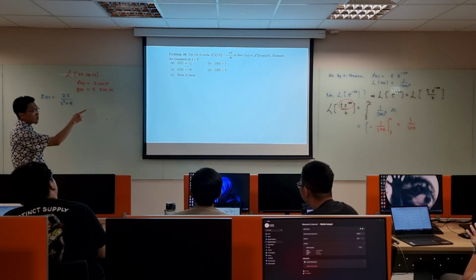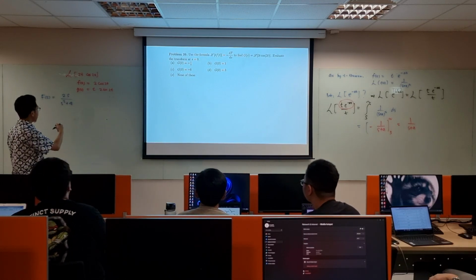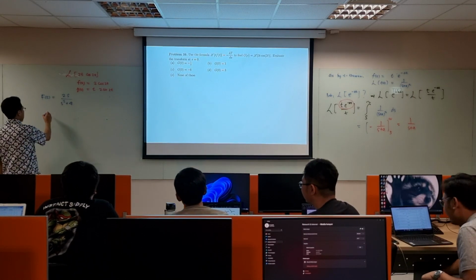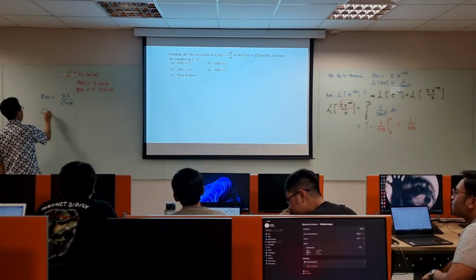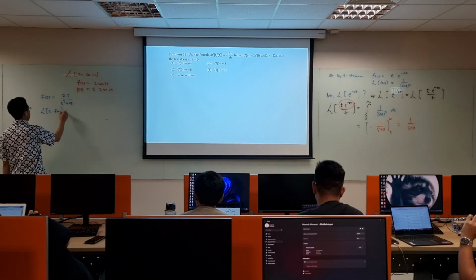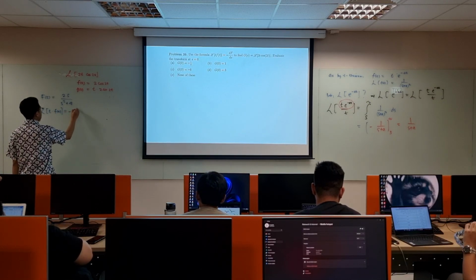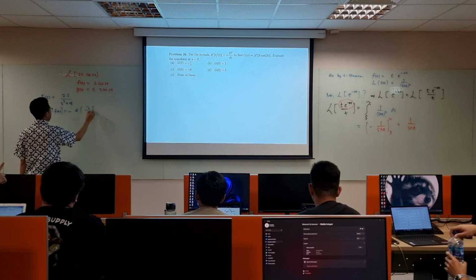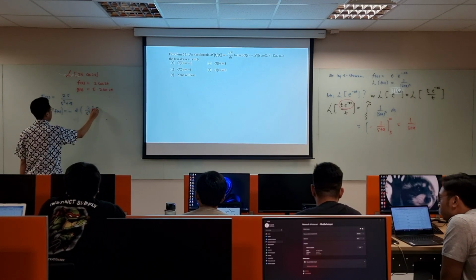So how do we proceed? We take the derivative of it. So let's take L of t times f(t), then it's minus d over ds of 2s over s squared plus 4.